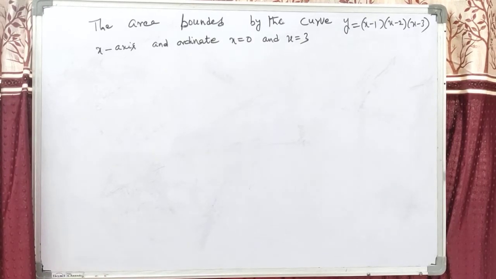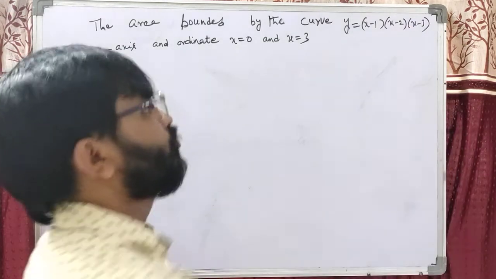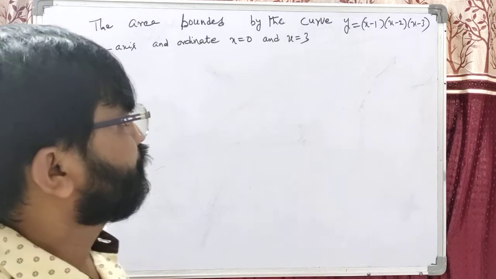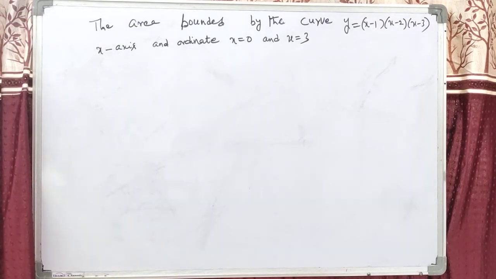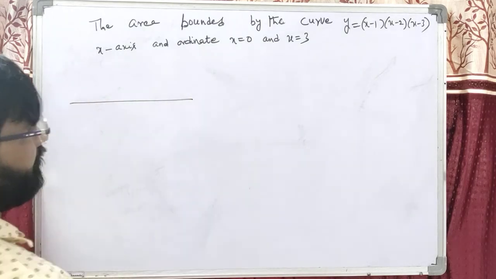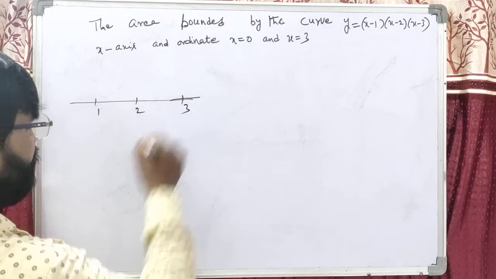Dear students, the area bounded by the curve y equals x minus 1 into x minus 2 into x minus 3. This is a cubic equation, students. Taking that as f of x, by the wavy curve method, this is 1, this is 2, this is 3.